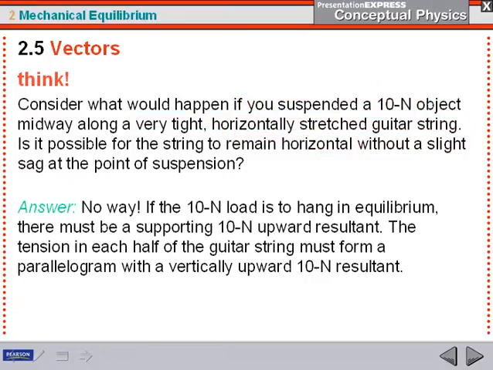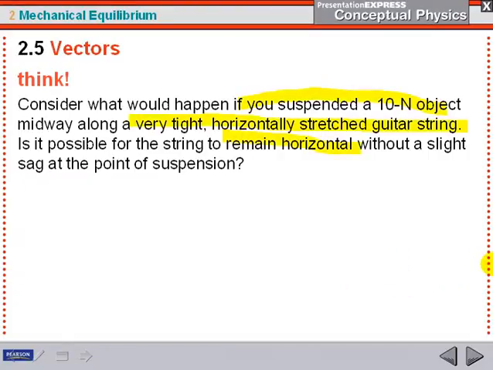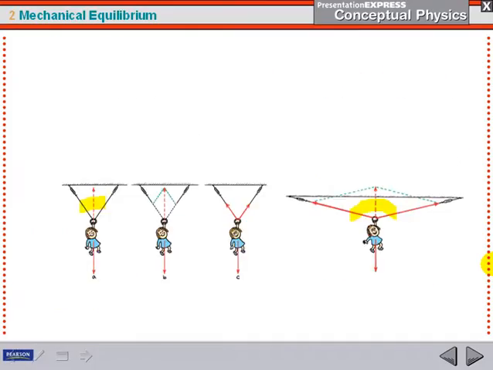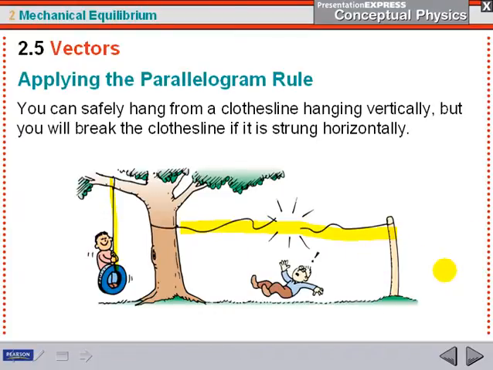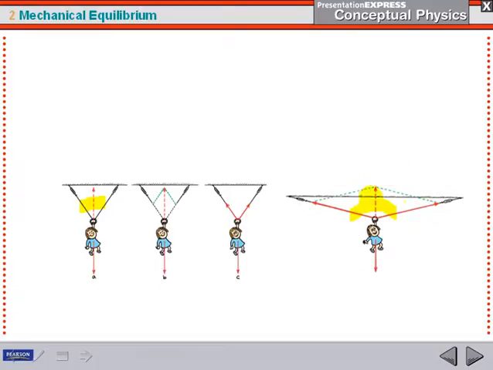And the answer, of course, is no. It doesn't matter how much the weight is, there's no way it can hang horizontally, because the guitar string is going to have to sag a little bit to form a resultant parallelogram to have a vertical upward 10 Newton resultant. It's just like this situation. It's going to have to sag at some point just a little bit.